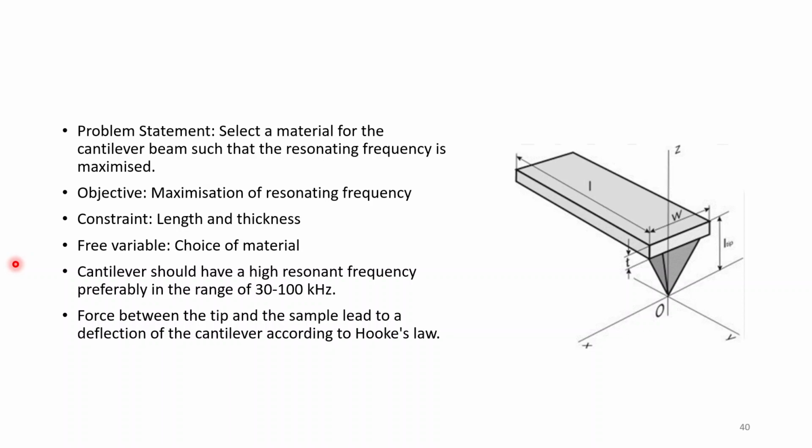Now the cantilever should have a high resonant frequency, preferably in the range of 30 to 100 kilohertz. Now the force between the tip and the sample leads to the deflection of the cantilever according to Hooke's law, which is stress equals strain times the elastic modulus.